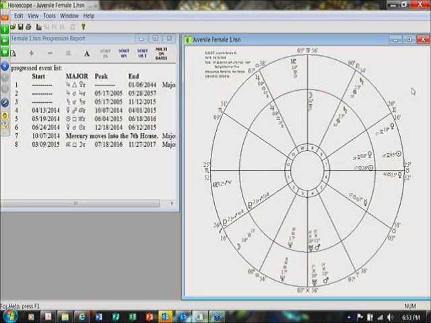Now, normally what I would do is then go through the process of the 7 steps. But the first 4 steps I tend to not do specifically with the client, but they are observations I make when I actually look at the chart and talk with them about the chart.